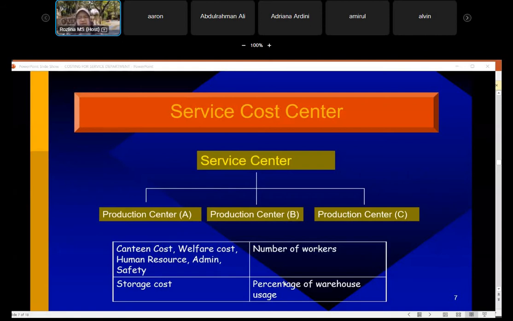By using the basis here. Okay. So like this one, canteen, welfare, human resource, admin, safety, utility, all the facilities. Almost all the activities are based on the number of workers. For the storage cost, it is based on the percentage of warehouse usage.